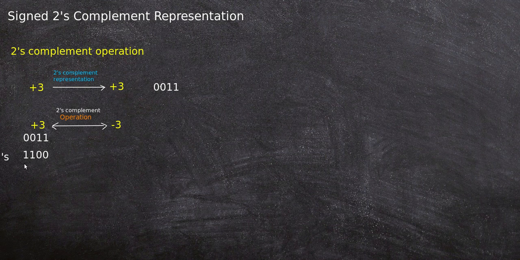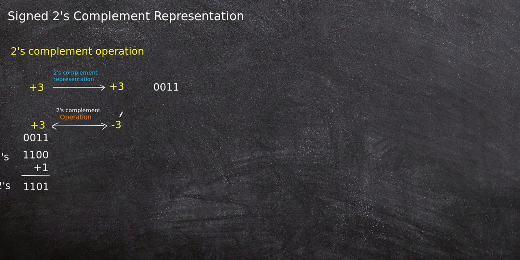Now to get the 2's complement representation, we add 1 to this, and after the addition operation we get the 2's complement representation. So here we get the number. Let us see what is happening here. Initially this number was the 2's complement representation of plus 3, but here after the 2's complement operation we are going to get minus 3.